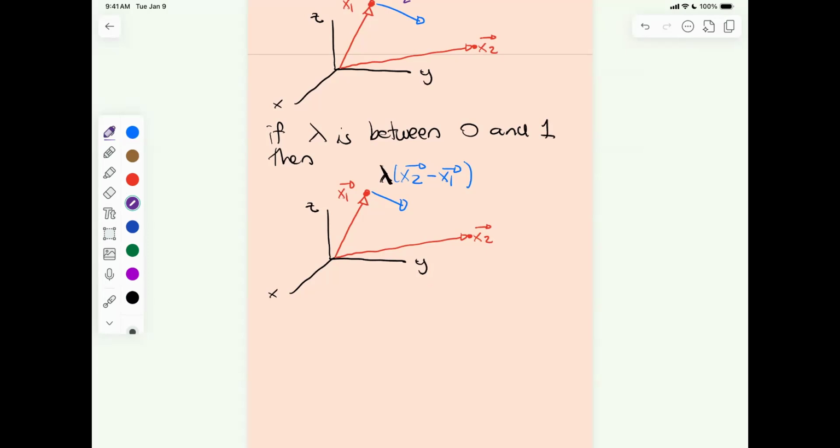If you do the vector addition, you always have to remember that it corresponds to the third side of the triangle. So this third side of the triangle would be x1 plus lambda times x2 minus x1.